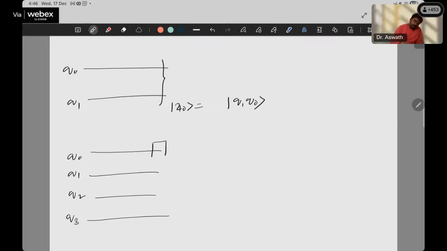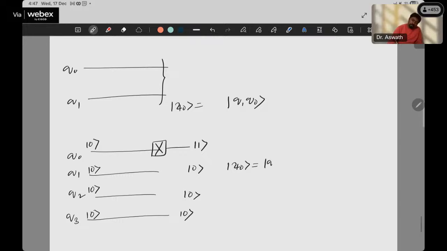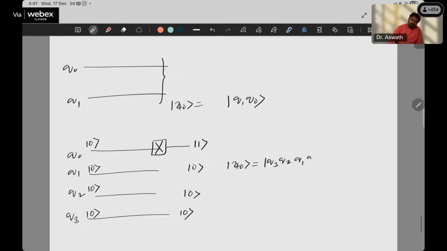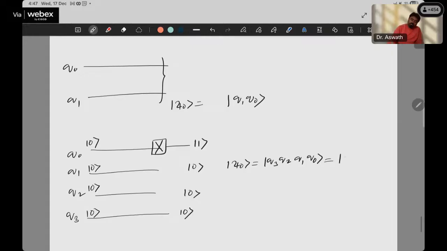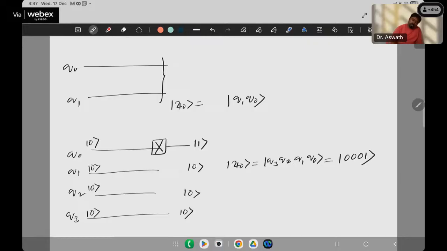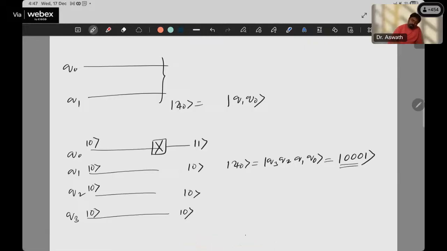Let's say I have an X gate here. If I am starting everything with zeros, I'll have 1 0 0 0. So what is the psi naught here? I have to read from left to right, Q3, Q2, Q1, Q0, which is 0 0 0 1. I should have the histogram at 0 0 0 1. Let me see if it is that.